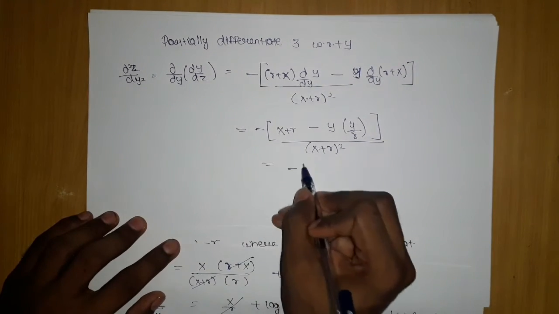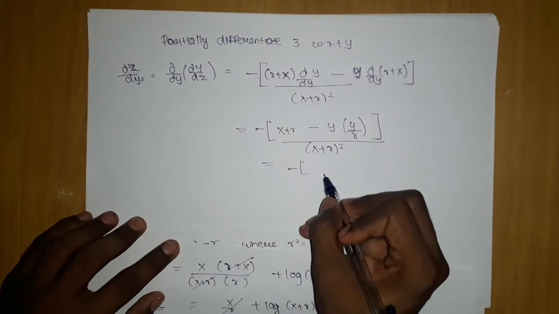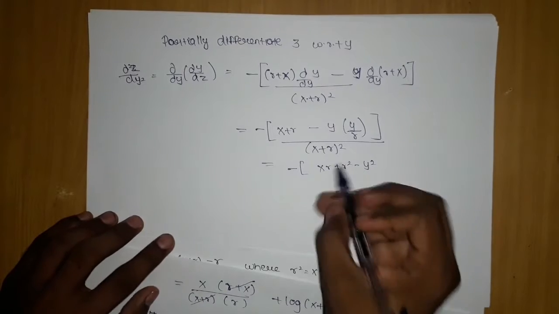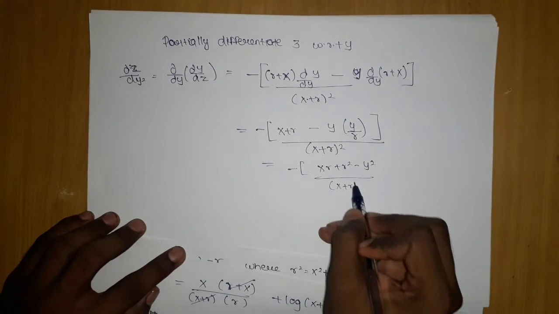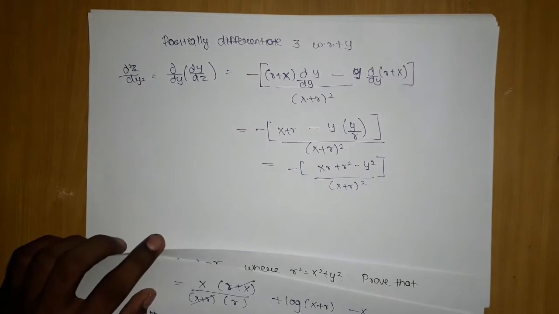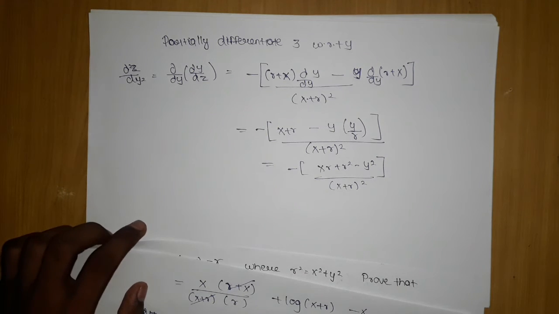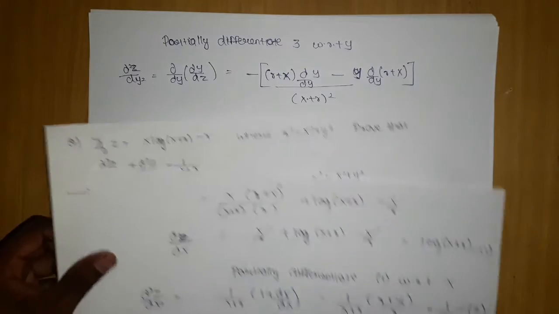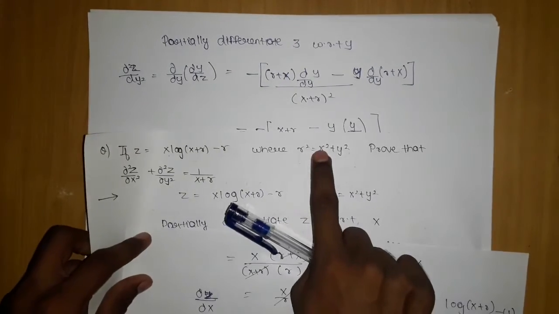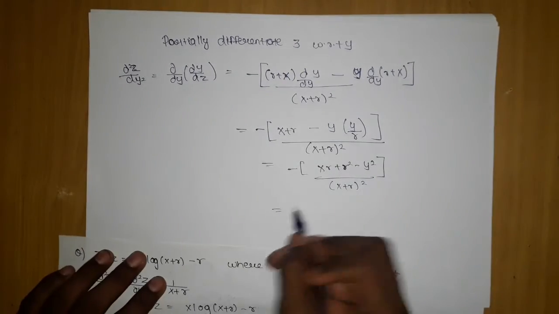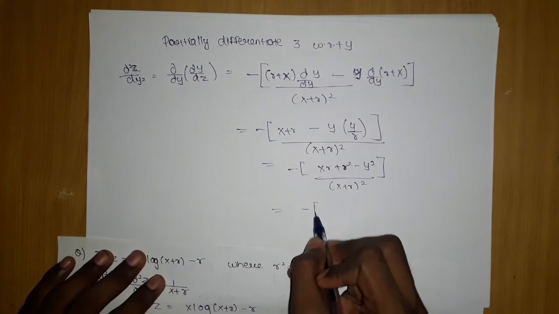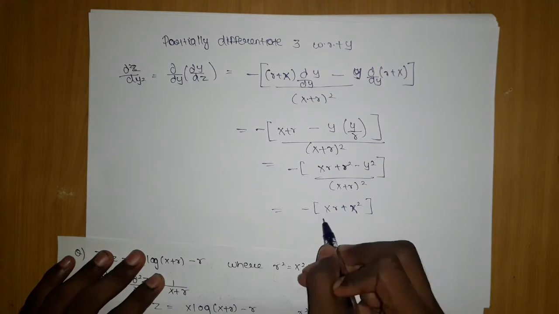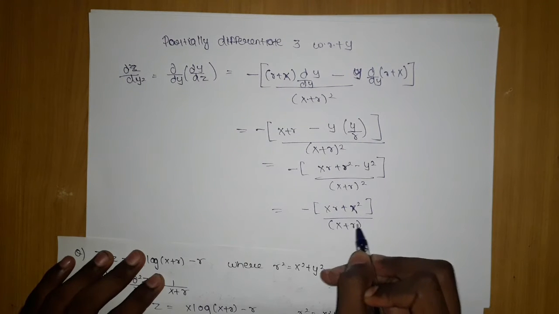So if you observe and if I multiply, I am going to get xr plus r square minus y square, the whole by x plus r the whole square. Now if you observe here, many children will get stuck and they will think what to proceed after this step, because if you observe, r square is nothing but x square plus y square. So if I substitute, my y term will move out and I will be left with xr plus r square, x square, and here it will be x plus r the whole square.